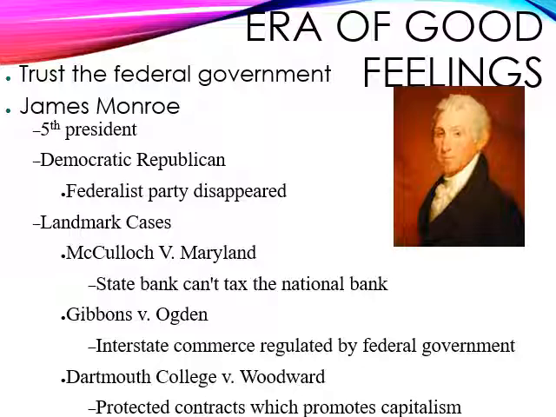But it's a private contract, and they can't do that. So they basically said the state can't step in and just change private contracts. And what that does is it promotes capitalism, keeps the government out of the economy, and it lets the strong businesses get strong and the bad businesses die.